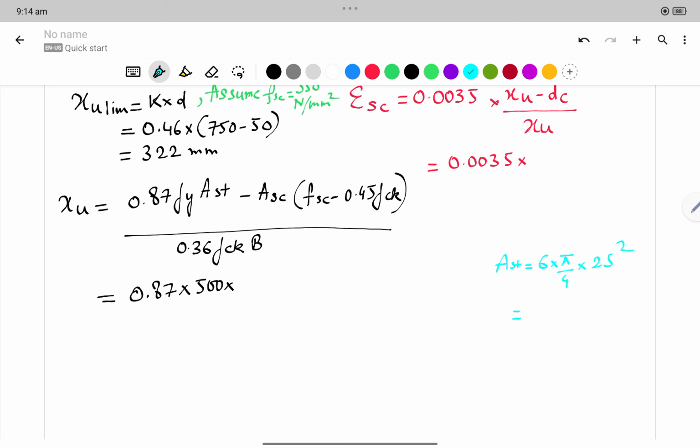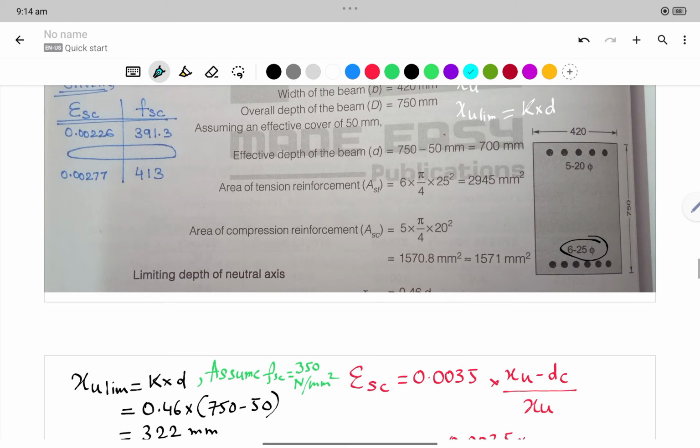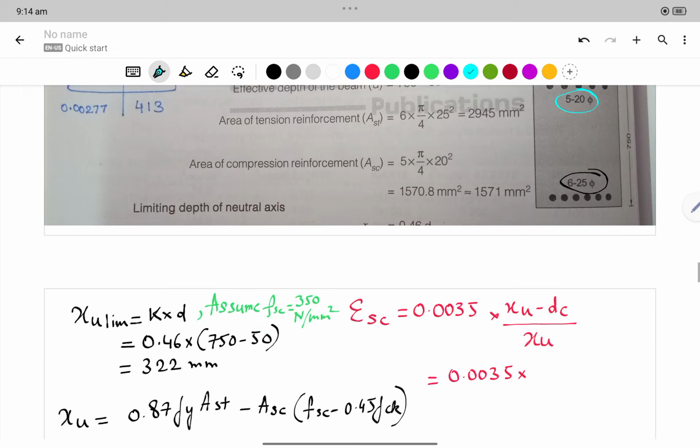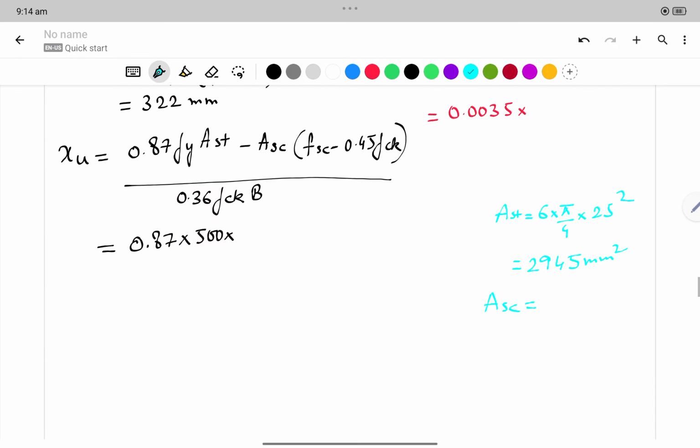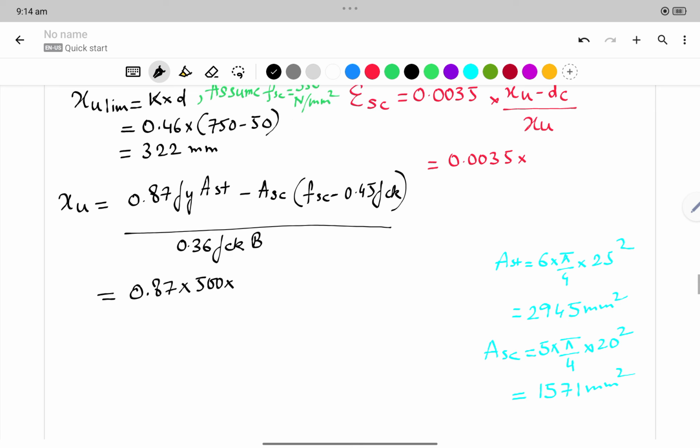So its value is coming as 2945 mm square. So ASC we will also calculate. So see, 5 bar of 20. So it's coming as 1571 mm square. Okay. So let's continue.